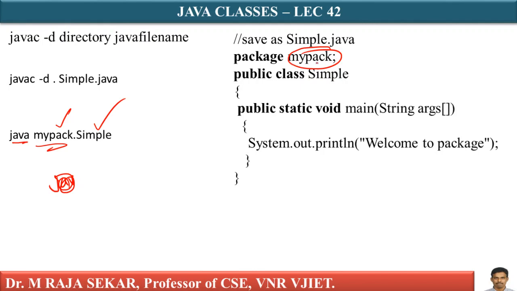It's not an assumption, it is actually true. mypack is a package in which I have a class with the name Simple. How can I run this program? java mypack.Simple, since it exists in this particular package named mypack.